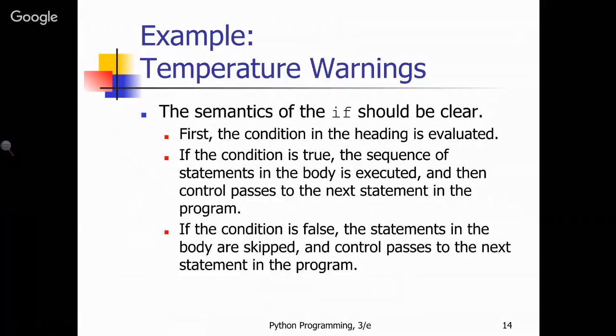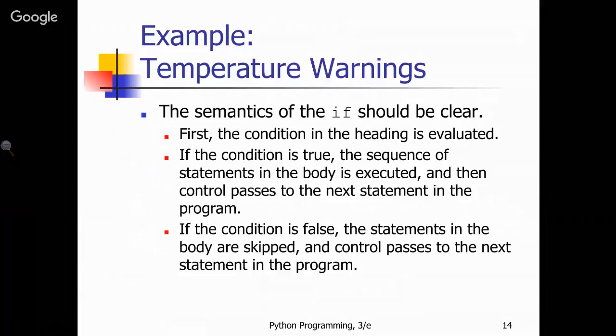So we talked about if the condition is true, then we execute the statements of the body. And what we didn't talk about here is what happens next. After the body is executed, then control passes to the next statement of the program, right? Similar to when we had a function, the function body gets executed, and then control returns. The same happens here.